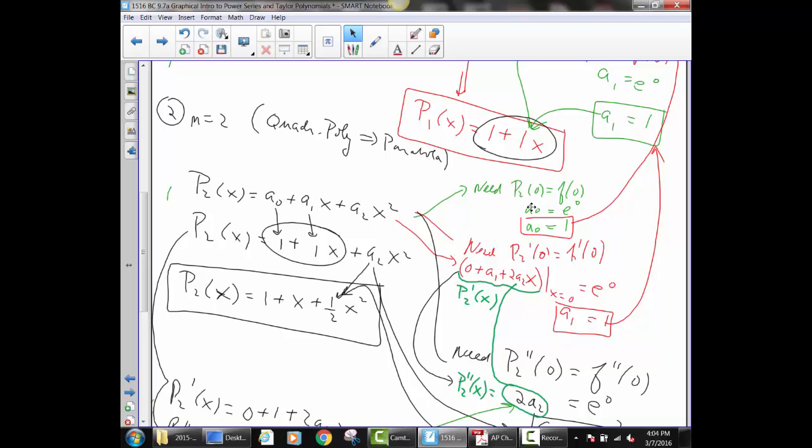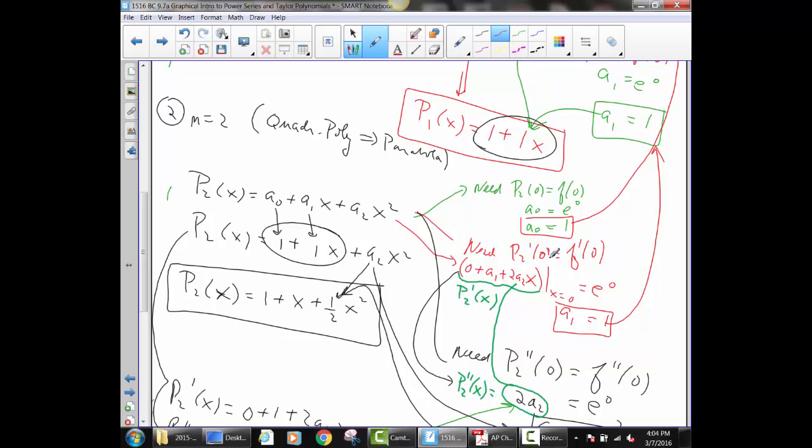So P2 of 0 is a0, therefore a0 has to equal 1, but we already had that. We also need the first derivatives equal to each other at 0. So if f of x is e to the x, f prime of x is e to the x, and f prime of 0 is e to the 0. So again, that's going to be equal to 1.